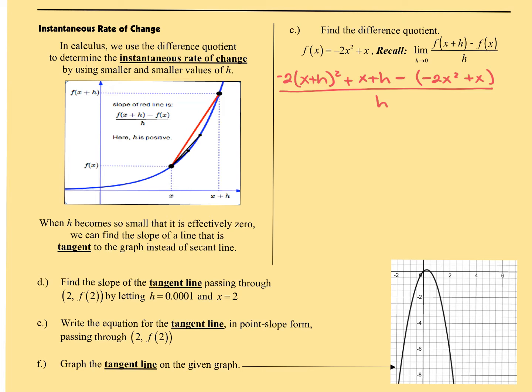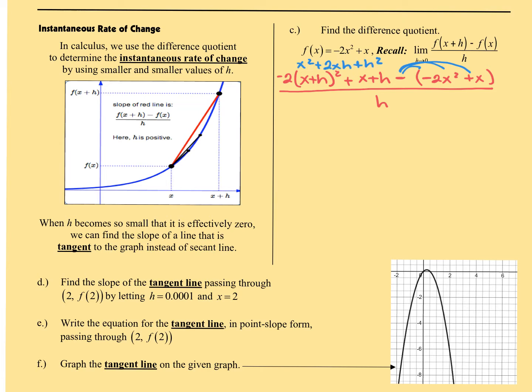I like to do a little bit of a rewrite up here, okay? So I know that when I FOIL this x plus h quantity squared, I'm going to get an x squared plus a 2xh plus an h squared. I just like to rewrite that so I don't have to rewrite everything else in my next step. Then what I'm going to do is I'm going to remind myself that this negative needs to distribute to everything. So now I can take my negative 2 and distribute it to all of this blue.